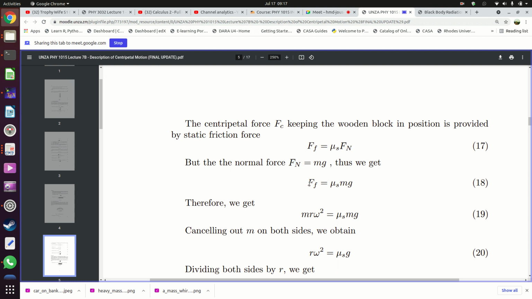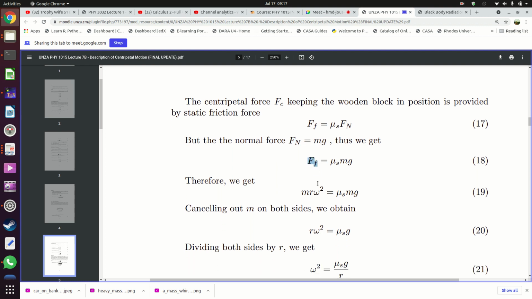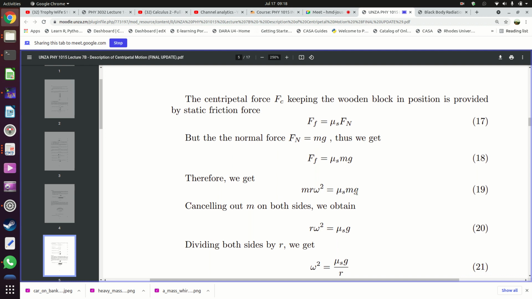Therefore our static friction force is the coefficient of friction multiplied by the mass and g. So we end up with this expression: the centripetal force, m r omega squared, is equal to the coefficient of static friction, times m, times g.